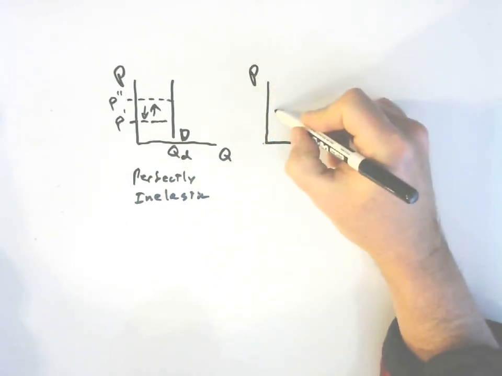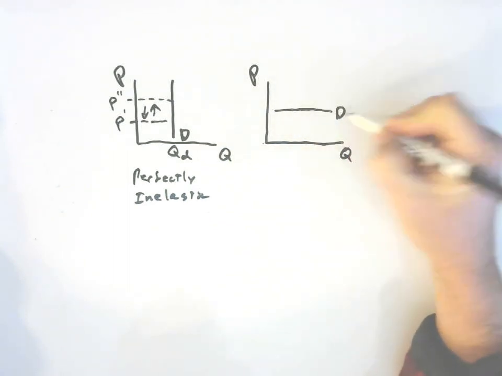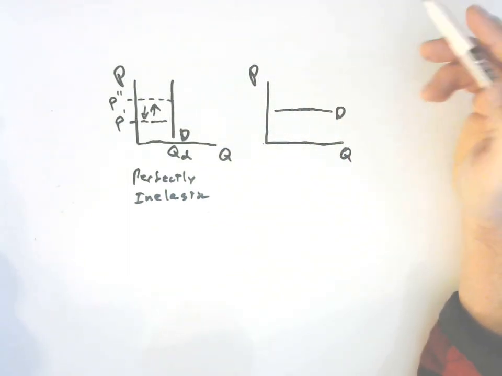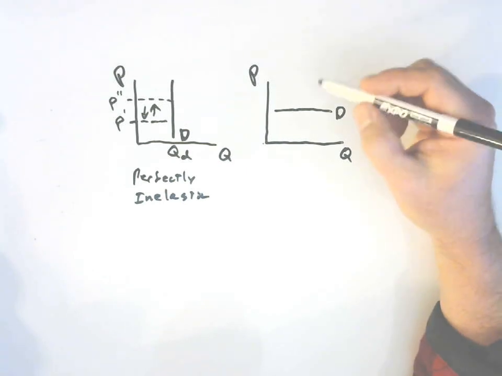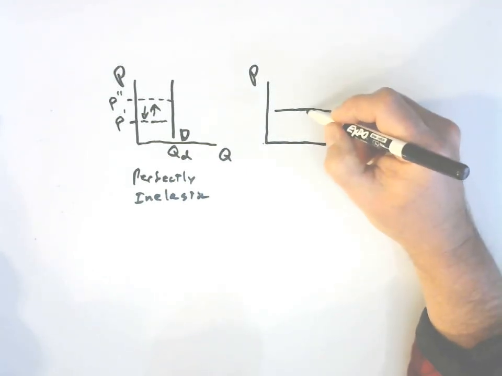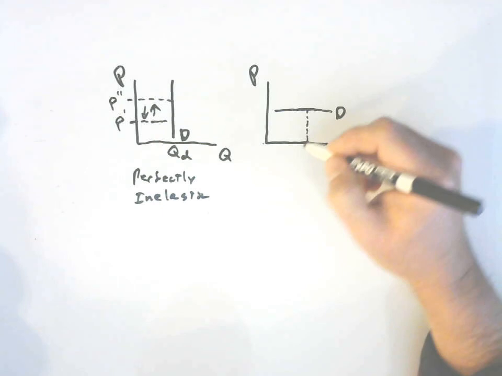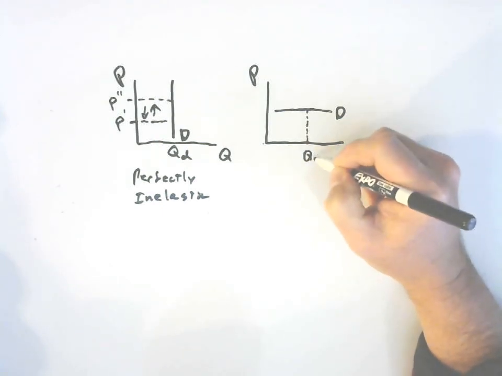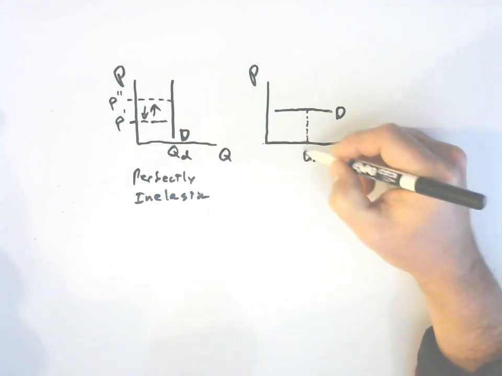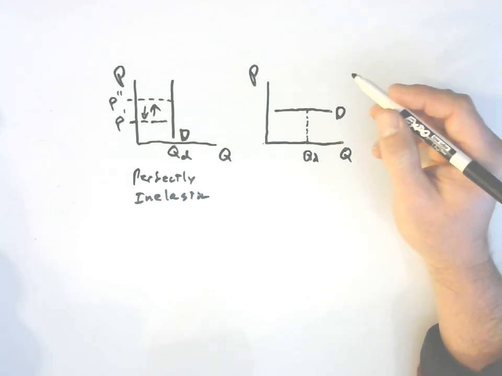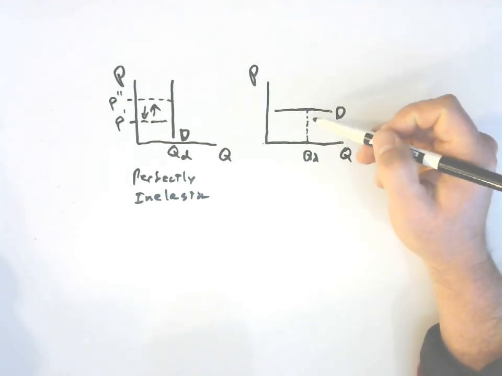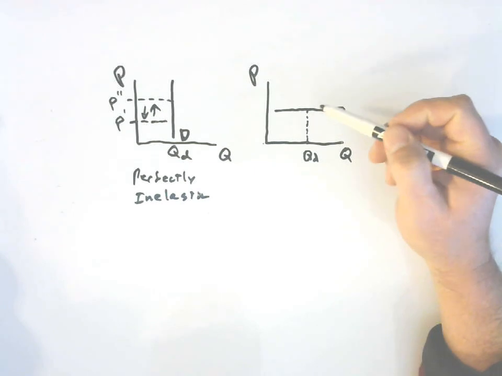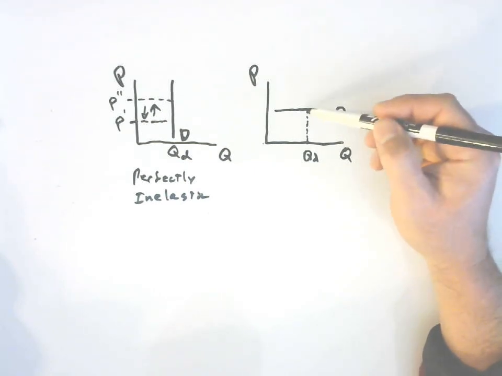Assume we have a demand curve that's perfectly horizontal. Well, in this case, assume consumers are purchasing QD units of the product, whatever that is, 10 units, 1,000 units, 1,000,000 units, doesn't matter. Now assume the price of the product rises.